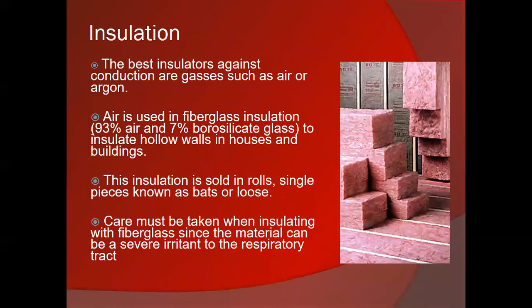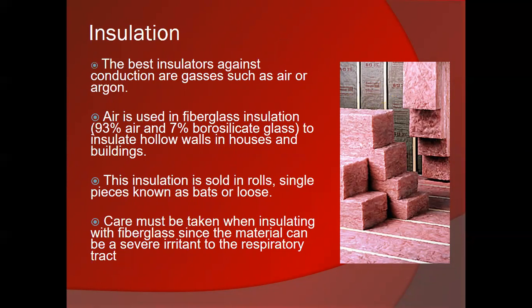Okay. And this is what fiberglass insulation looks like. You can see here that they put it in between the, these are called wood studs, and basically they help support a wood framed house. And it's very convenient. You just put it right in between each individual board, and that creates a thick layer to protect you.